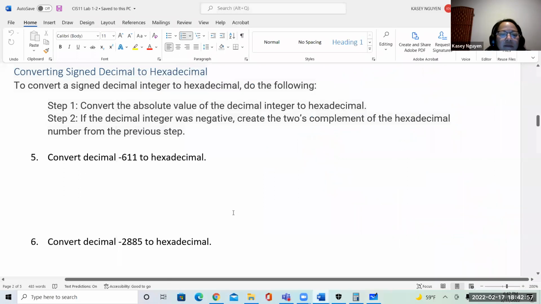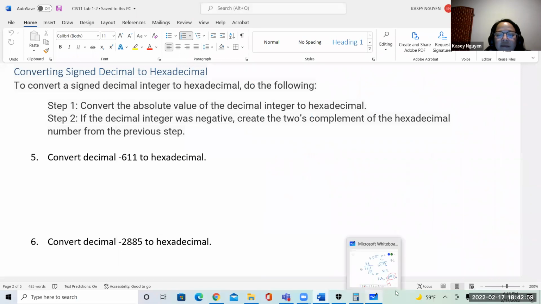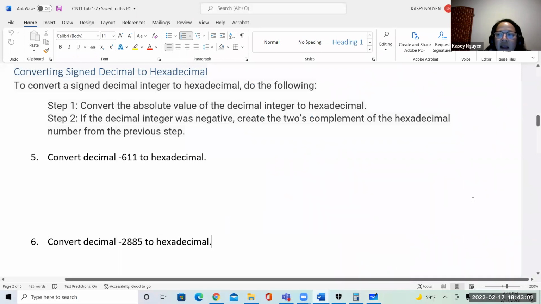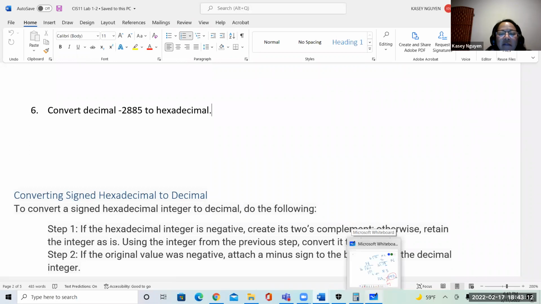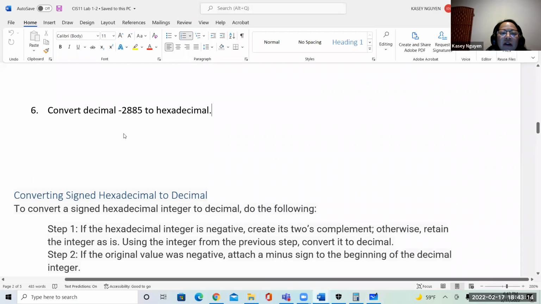Question? And then we would do the same thing for number 6. So you would take 2885 and then do the long division. Once you get your hexadecimal, then you would do the 2's complement by subtracting 15 for each of the digits, and then add the 1, and you would have your answer.